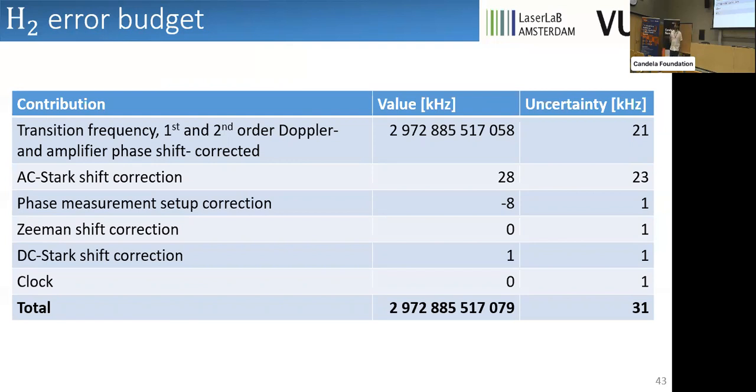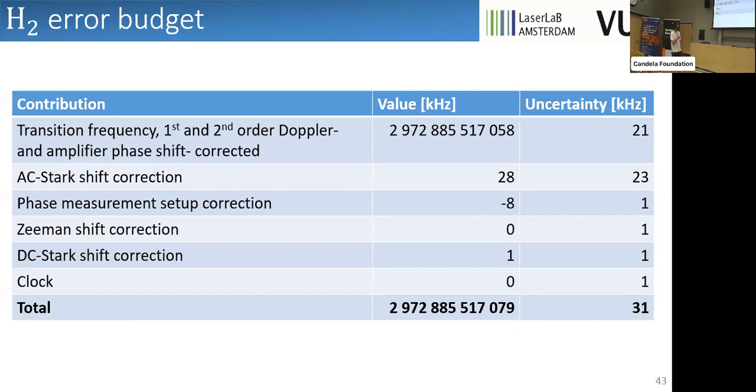Then we compensate for Earth magnetic fields in the interaction zone. So the Zeeman shift should be 0 for that reason and for the reason that we're in para H2 with 0 nuclear spin. But we nevertheless measure it and get an uncertainty of 1 kilohertz due to errors with the magnetometer that we use.